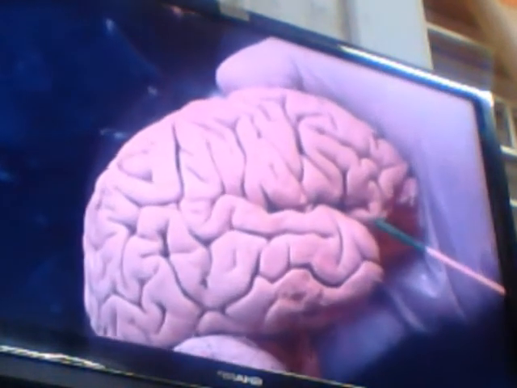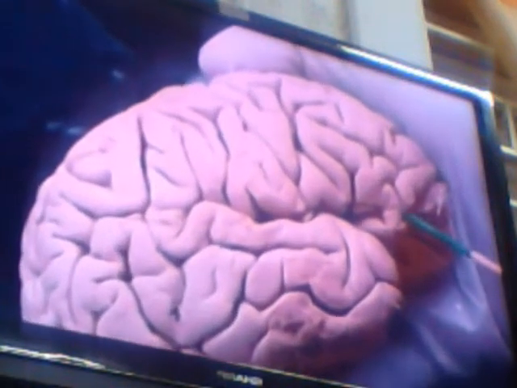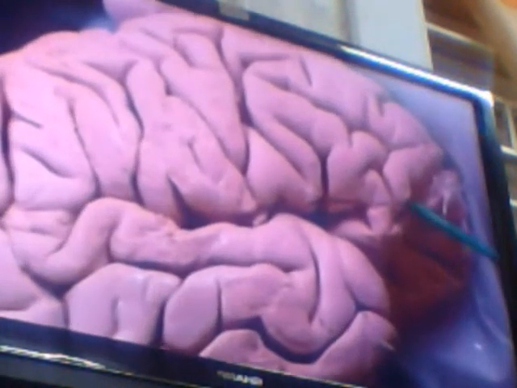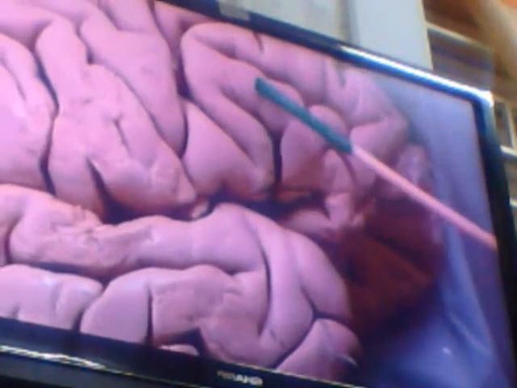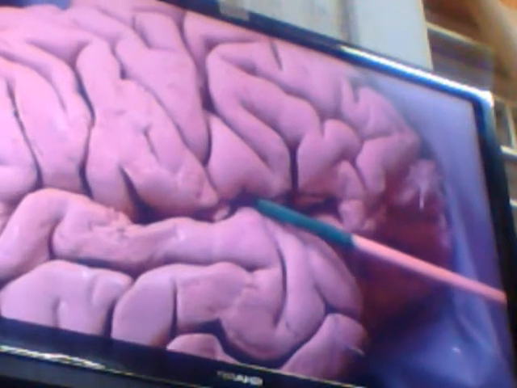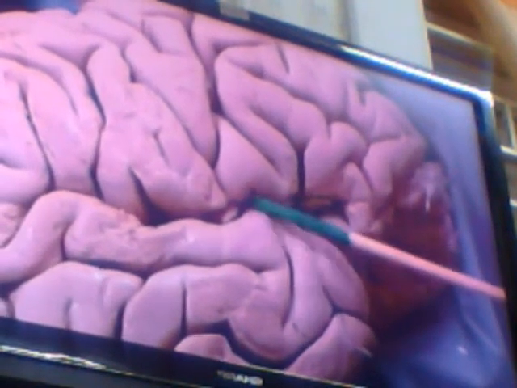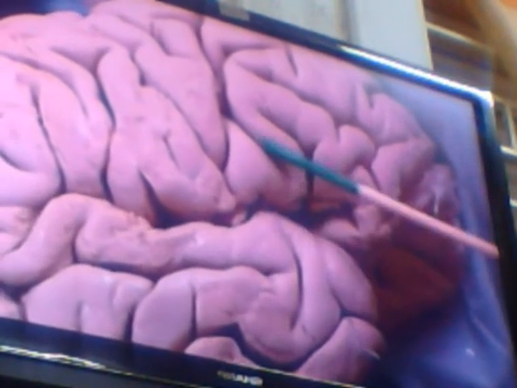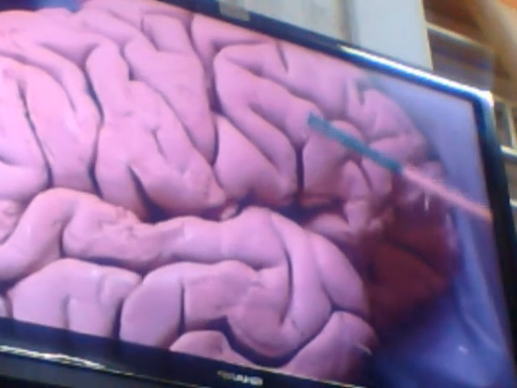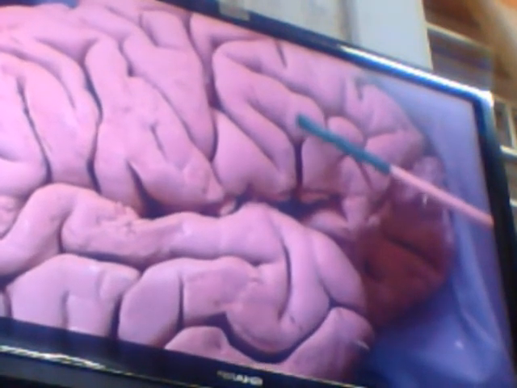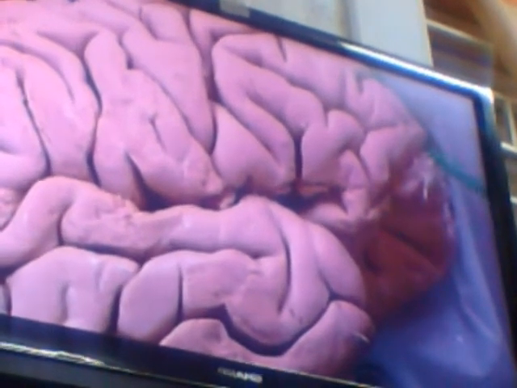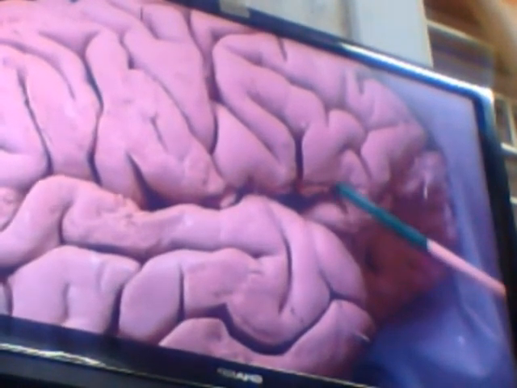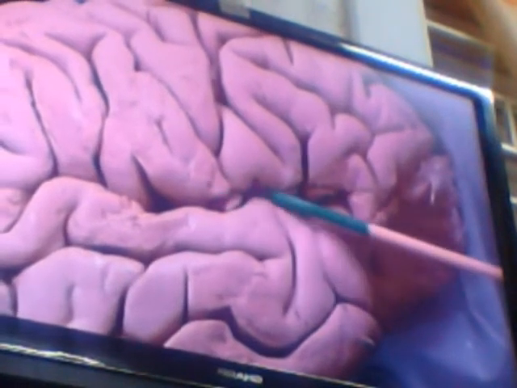So we call this one here the horizontal anterior sulcus. This is the ascending sulcus, and this is the posterior sulcus. These are all related to the inferior frontal gyrus. So the inferior frontal gyrus has a horizontal anterior, an ascending, and a posterior sulcus.